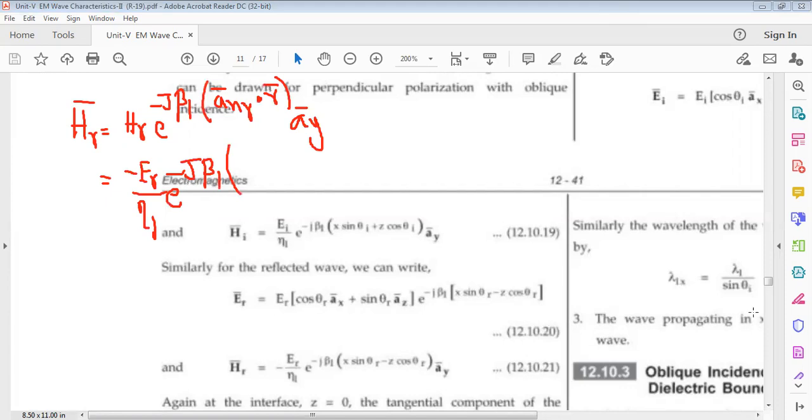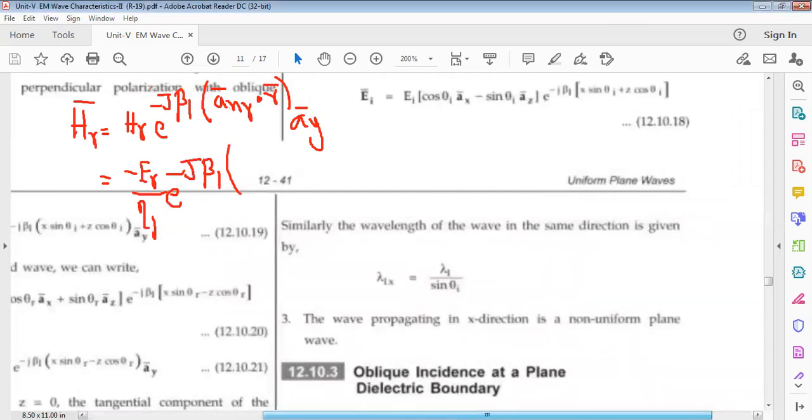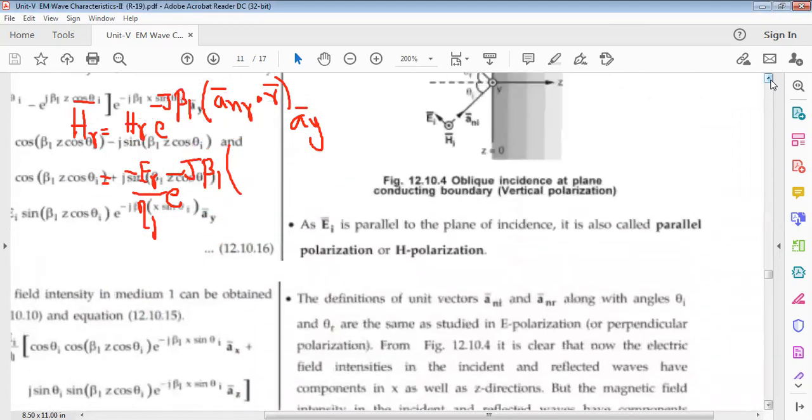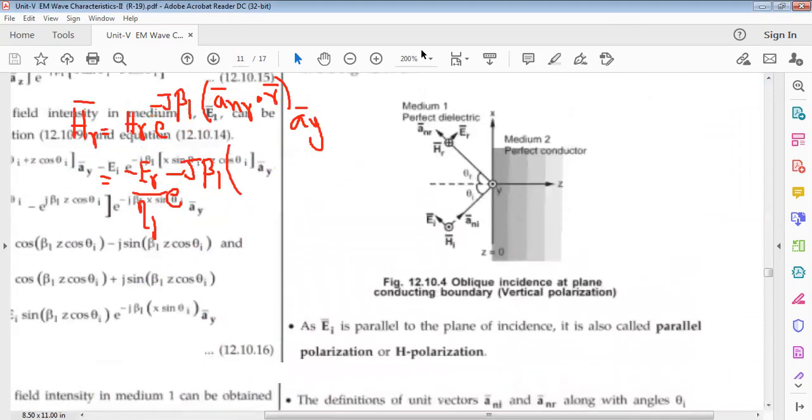Let's see the diagram and draw a right angle triangle here. The theta is there. Opposite side we will get sine theta, adjacent side is cos theta. So this is the starting point we have.